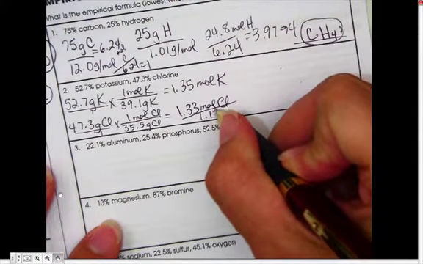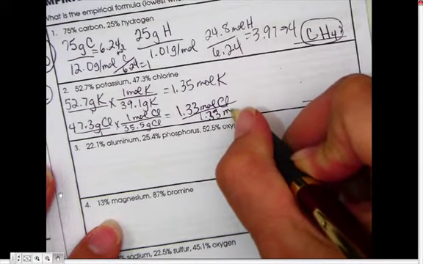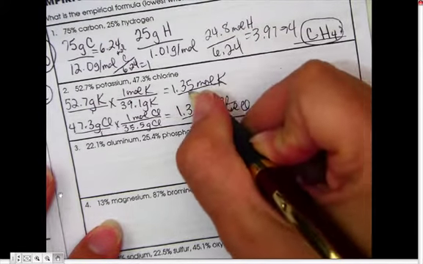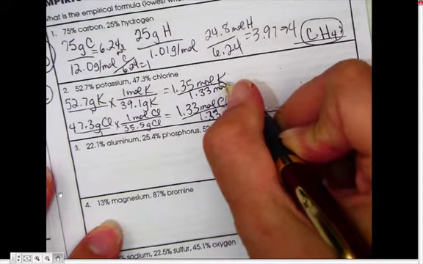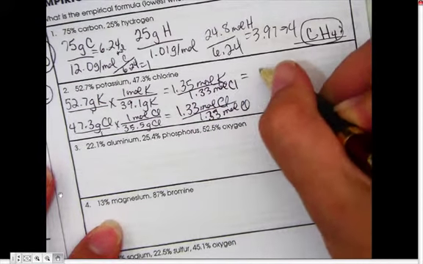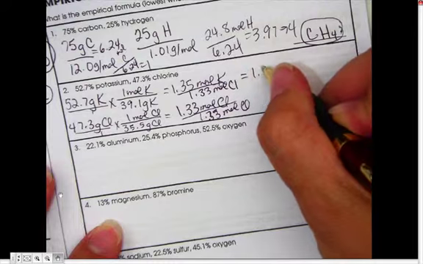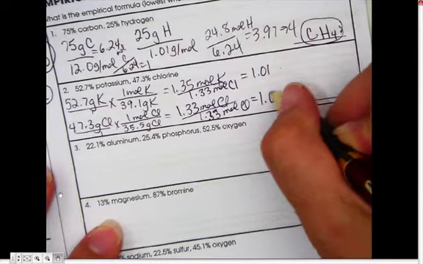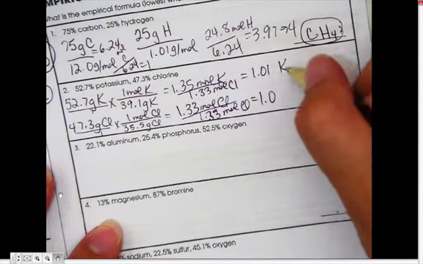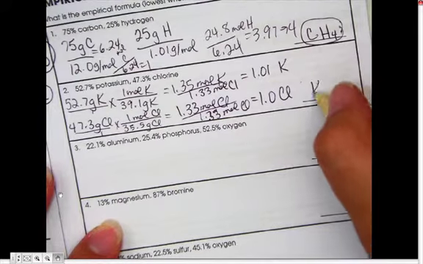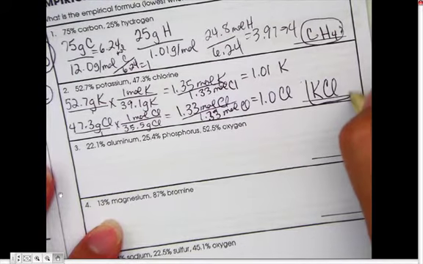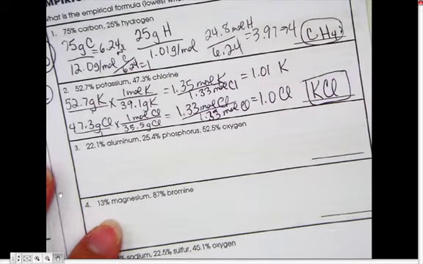Okay, so I did percent to mass, and then I changed from mass to moles. Now I have moles, I divide by the smallest, so divide them both by 1.33 moles Cl. And this is basically 1.01, and this is a 1.0 ratio. So there's 1 potassium and 1 chlorine, which is KCl.